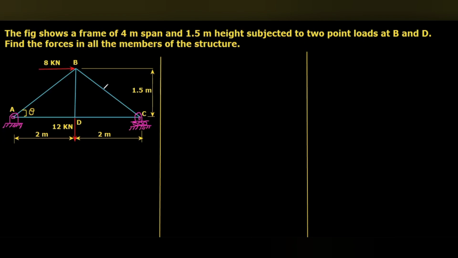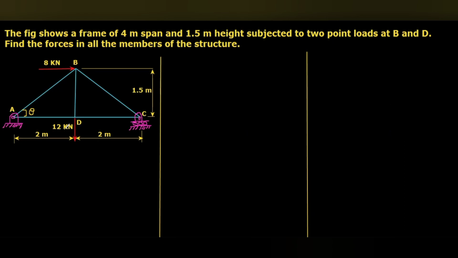So here there is a frame given. Here the span length is 4 meter, and then there are 2-point loads. At point B, there is a horizontal load 8 kilonewton. At point D, there is a downward force 12 kilonewton.